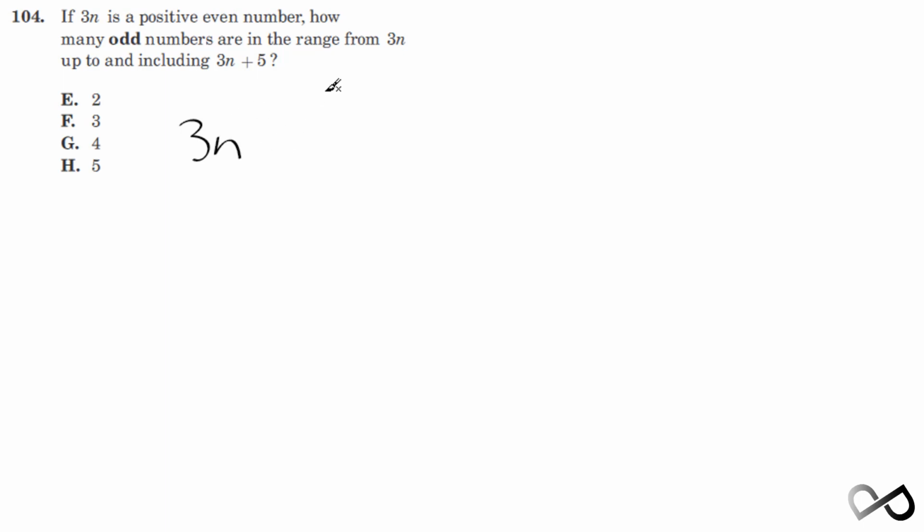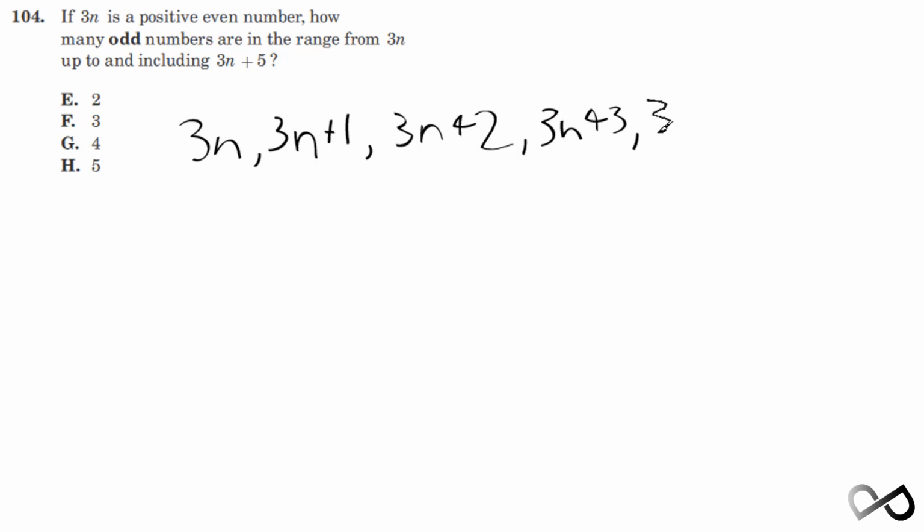So 3n is the first one, and then we're going to have 3n plus 1, then 3n plus 2, 3n plus 3, 3n plus 4, and 3n plus 5.